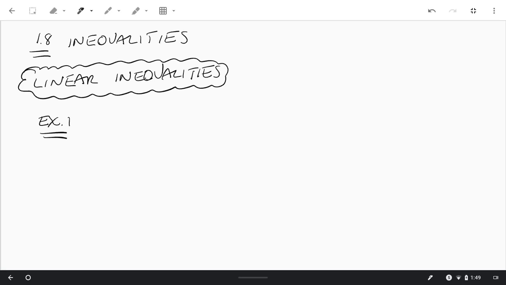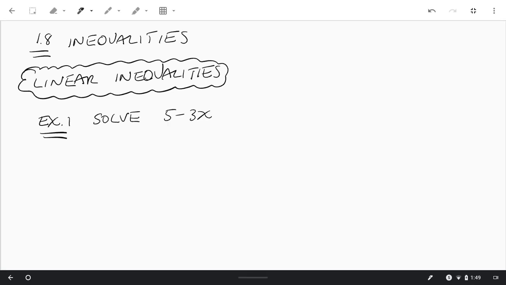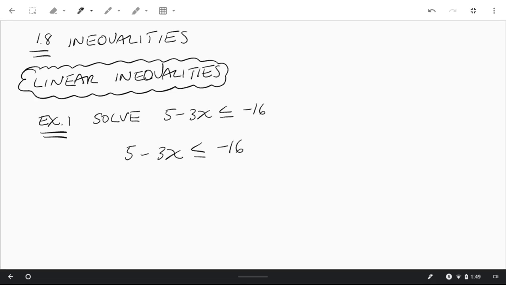All right, so let's go ahead and solve this one. 5 minus 3x is less than or equal to negative 16. I'm going to write that down here. 5 minus 3x less than or equal to negative 16.